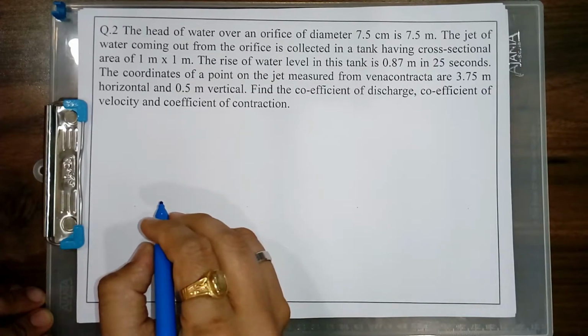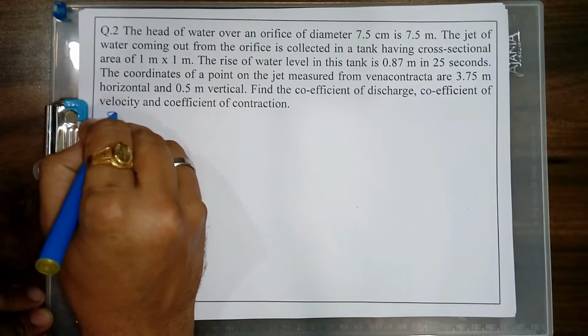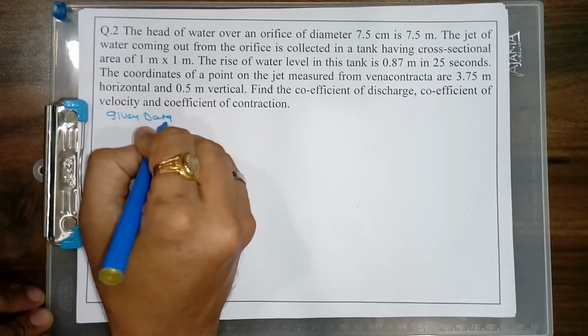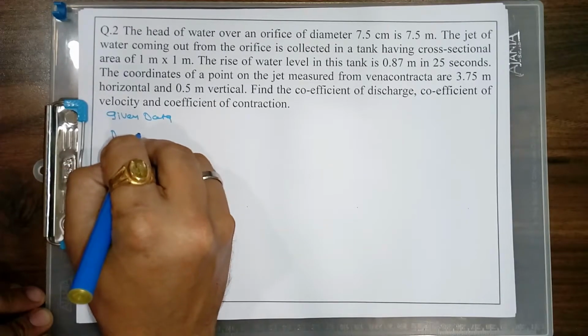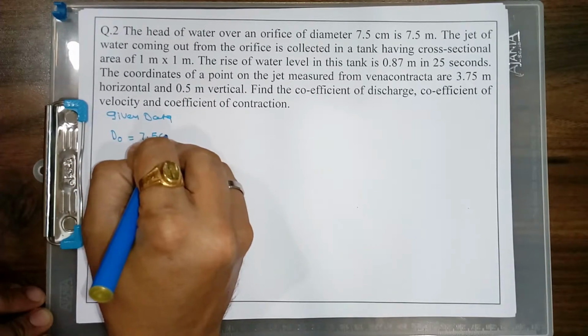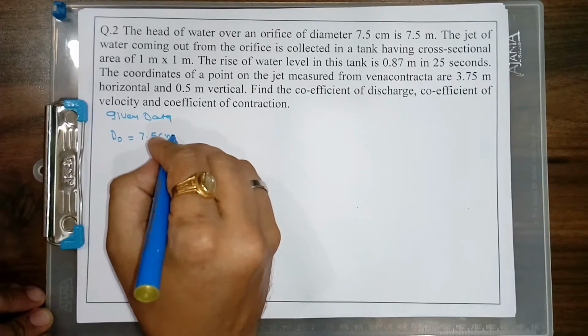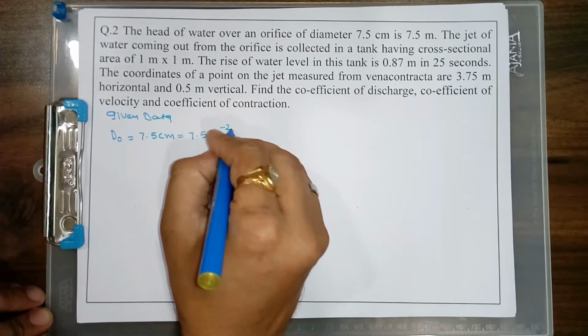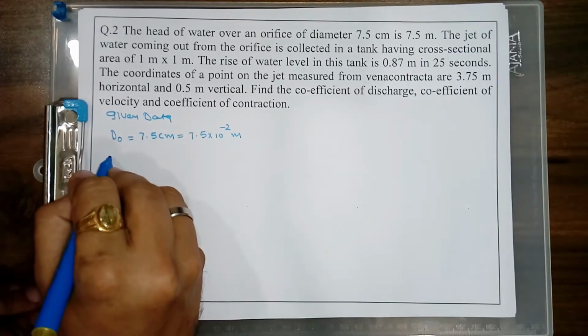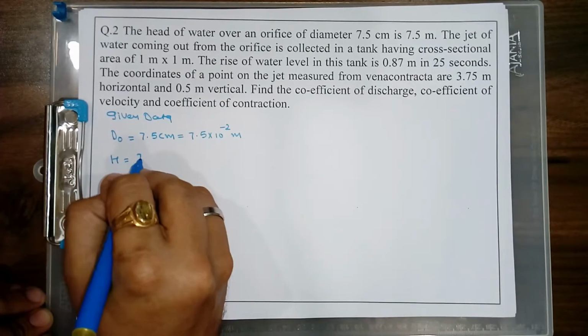So students, here first we write the given data. The diameter of the orifice, D suffix O, is given, that is 7.5 centimeter. Now we need to convert it into meter, so it is 7.5 into 10 to the power minus 2 meter. Then the head available is given, that is 7.5 meter.